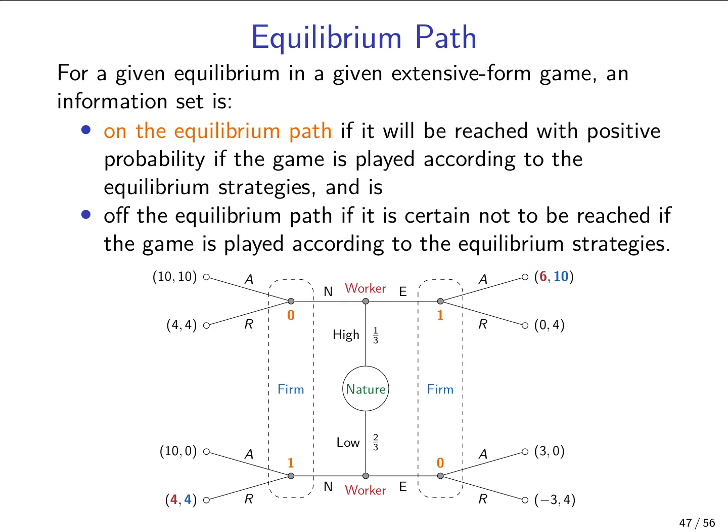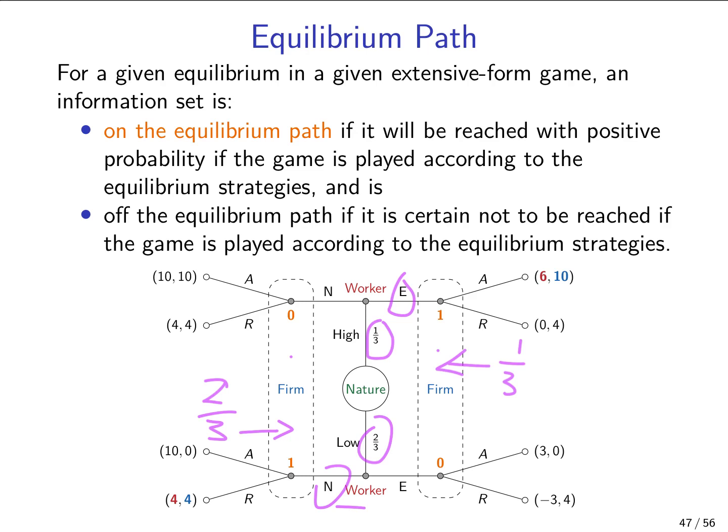In our case, with 1/3 probability it is a high type, and in that equilibrium the high type will choose E. So with 1/3 probability this information set is reached, and with 2/3 probability it's a low type worker, which is N. So these two information sets are both on the equilibrium path.